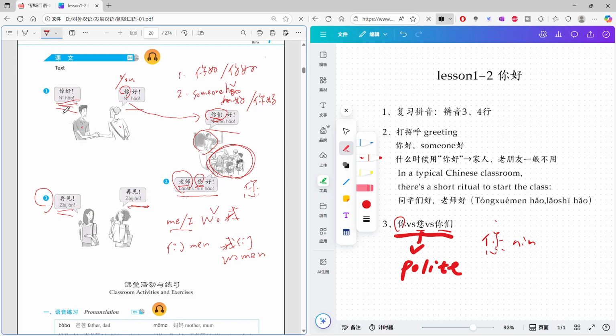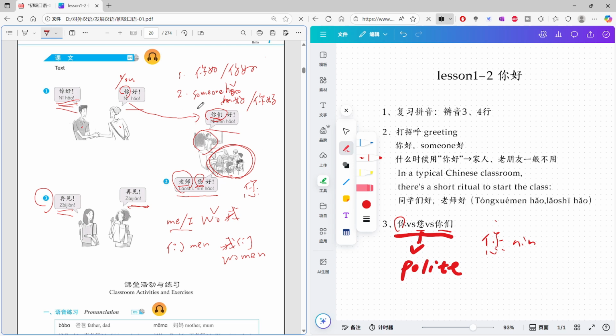If you use 你好 it means you are not very familiar with each other. So for example, when we wake up in the morning we don't say 你好 father, 你好 dad, 你好 mom, because we are family, we see each other every day, so we are very close and we don't need to use 你好.